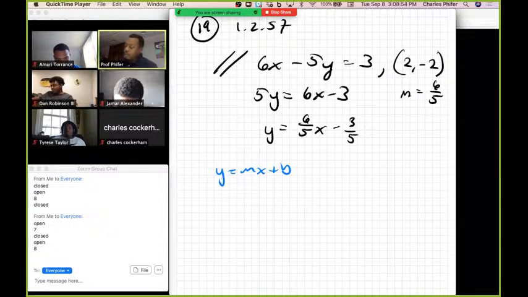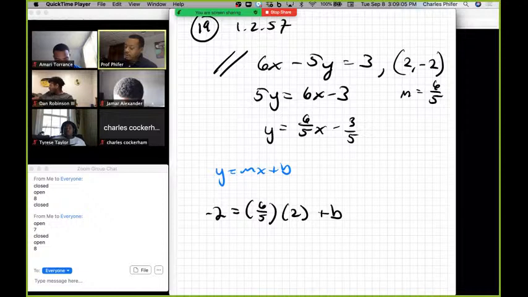So then our y is -2, our slope is 6 over 5, our x is 2. The only thing we don't know is b.